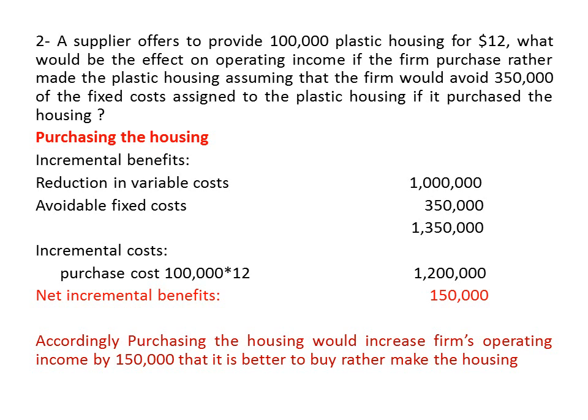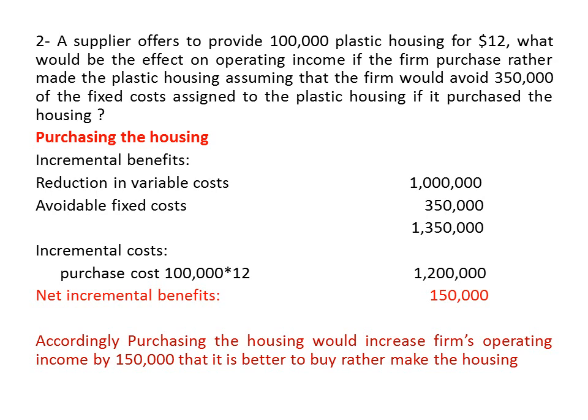The total incremental benefit would include 1,350,000. We said incremental benefit is the increase in revenue or reduction in cost. Here I have reduction in variable cost and avoidable fixed cost.